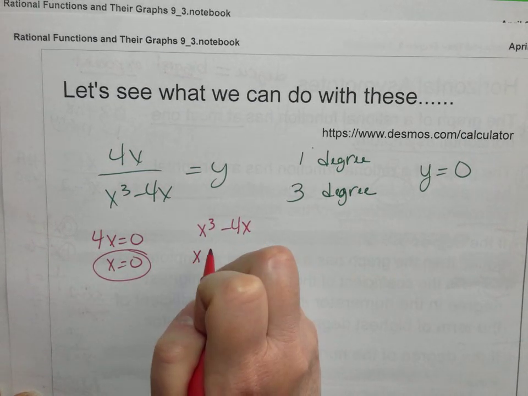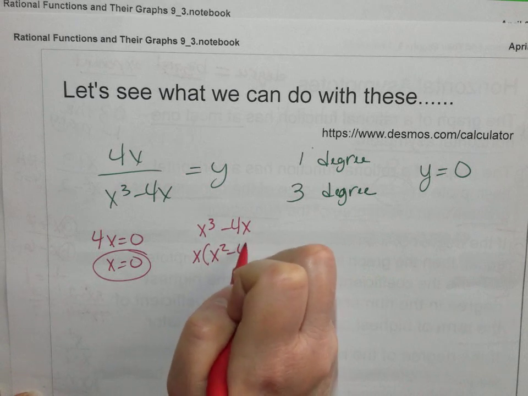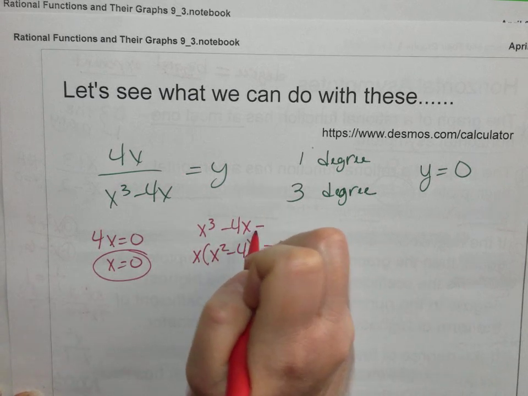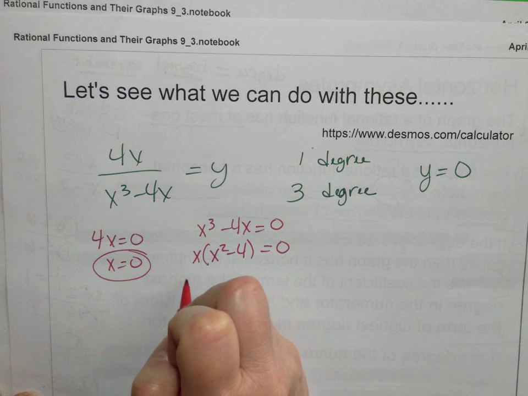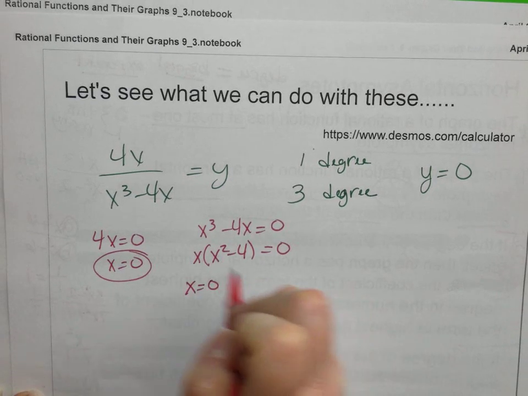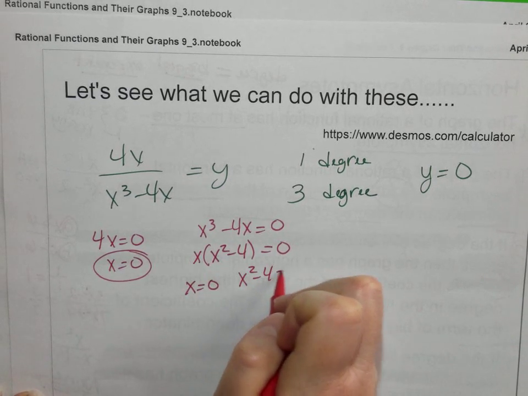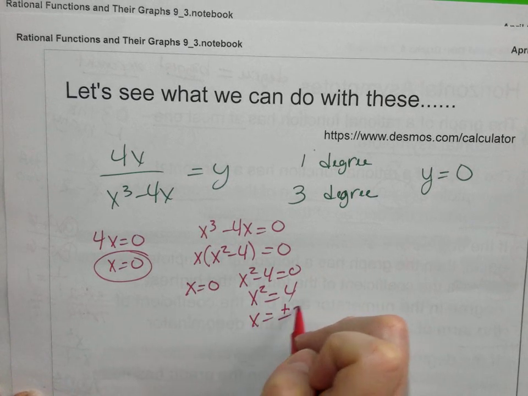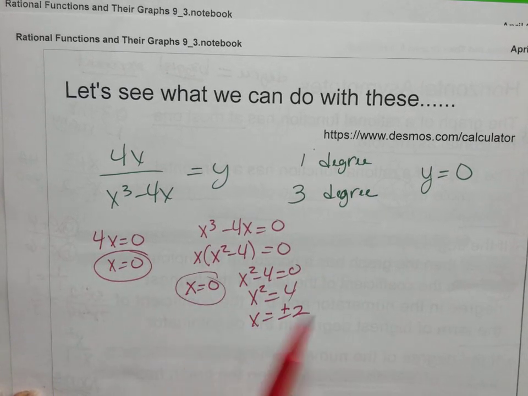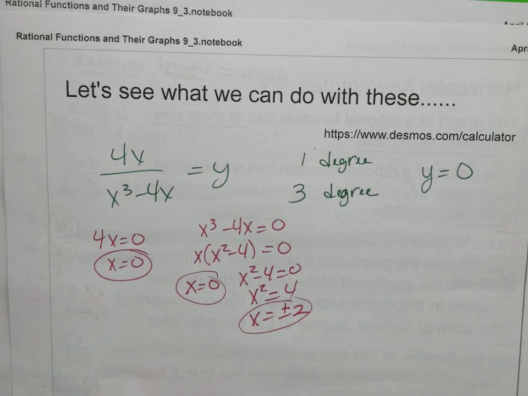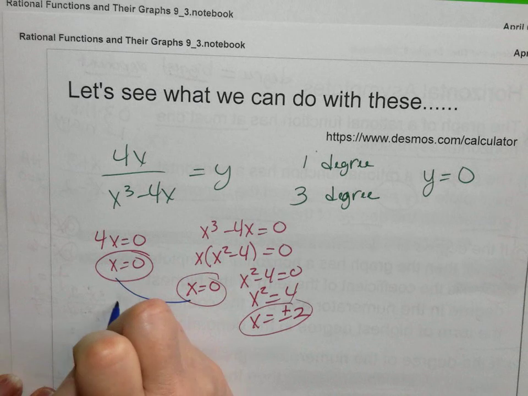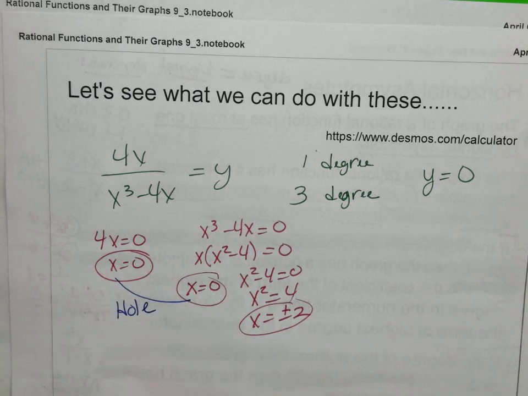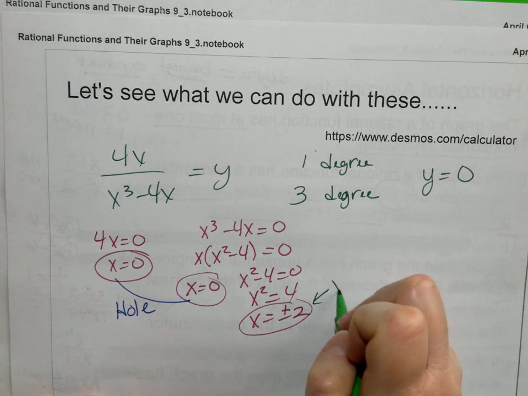We take out an x, and it's x squared minus 4. So we have x equals 0, and x squared minus 4 equals 0, so x squared is 4. We have a 0 and a plus or minus 2, which means this makes a hole, and these are vertical asymptotes.